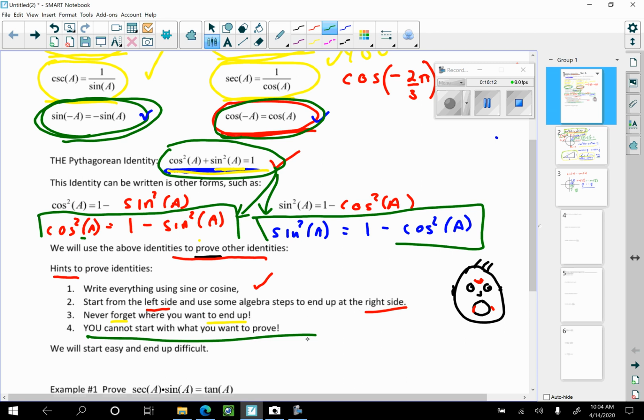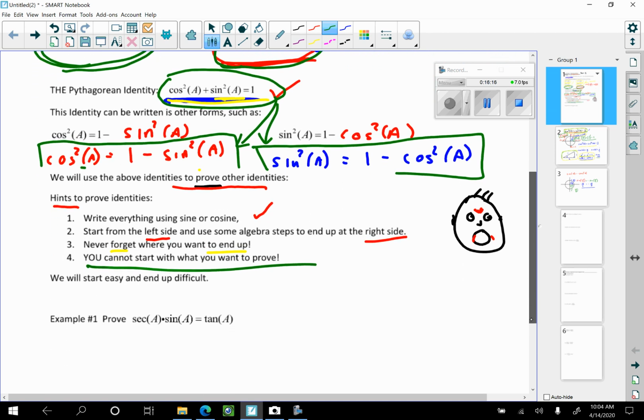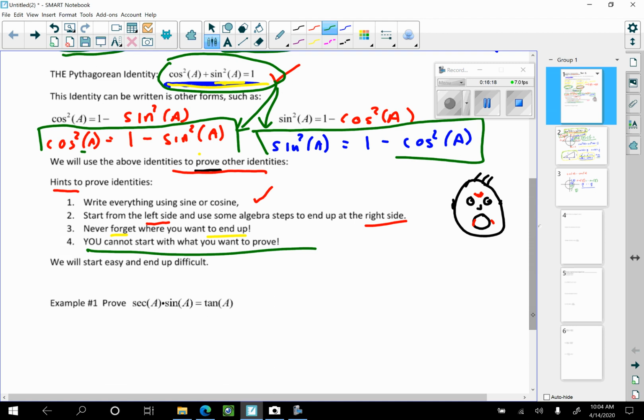We're going to have some very creative ways to assess your knowledge of proving trigonometric identities with the Google form. So we'll do a couple of easy examples in today's video, and then some tough examples in tomorrow's video.